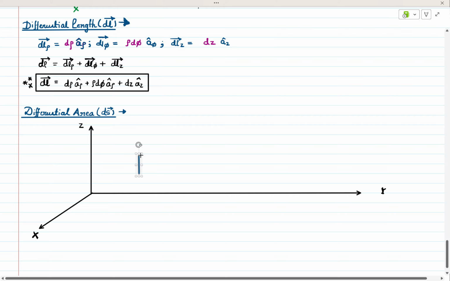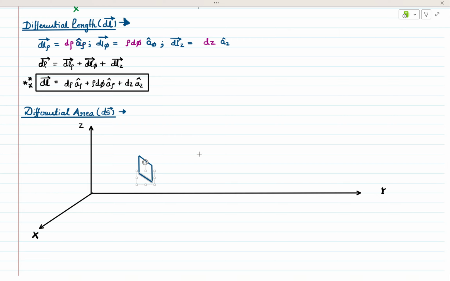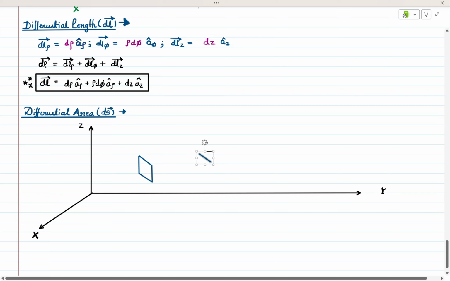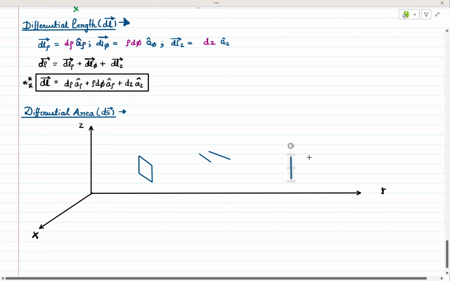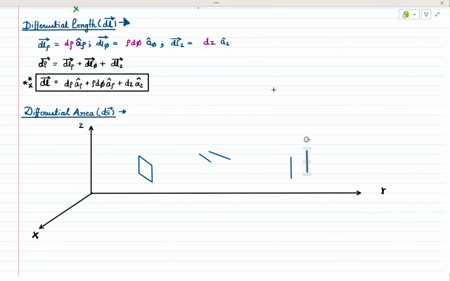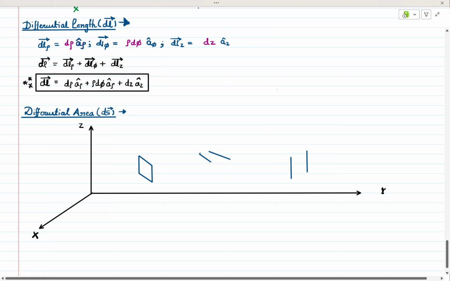This is one area. Another area is this. Another is this.